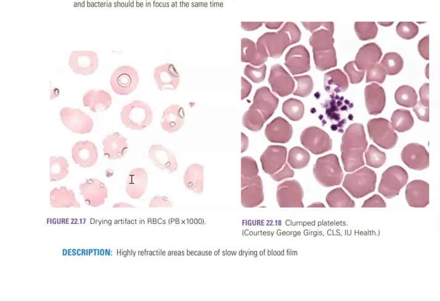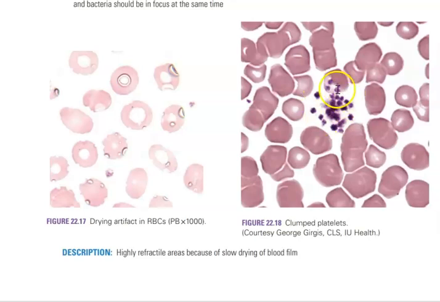Now let's look over at figure 22.18, and we're looking at a clump of platelets right here in the center. A clump of platelets can be a problem for a patient sample, because on an automatic hematology analyzer, this clump of platelets can register as other types of cells, making your counts inaccurate.